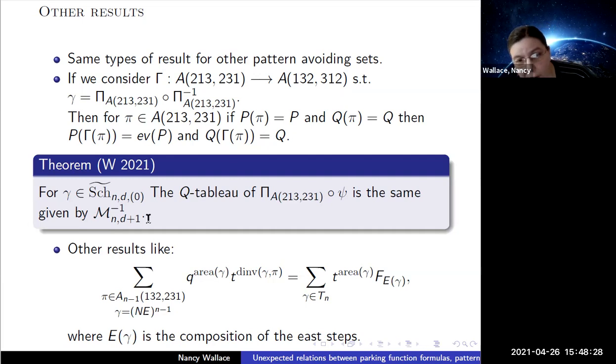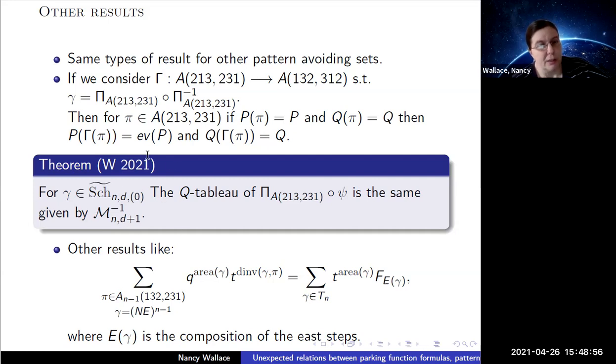And actually, when gamma is a Schroeder path, the Q tableau of the 2-1-3, 2-3-1 avoiding permutation that you can get by the bijection phi I said earlier is the same as the map that I gave at the beginning that gave a tableau for each Schroeder path.